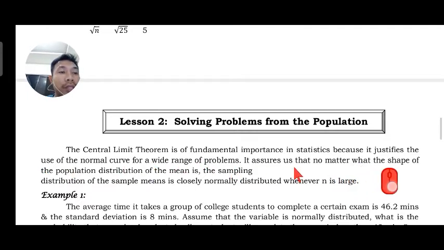So it assures us that no matter what the shape of the population distribution of the mean is, the sampling distribution of the sample mean is closely normally distributed whenever n is large. So when you say n is large, it must be n is 30 or more so that we can consider that it is closely normally distributed.